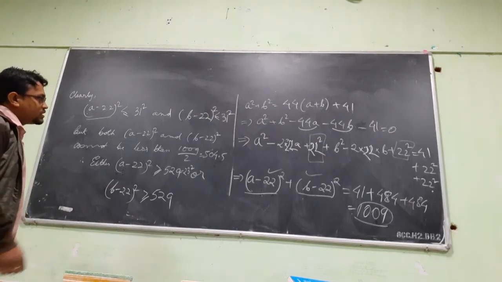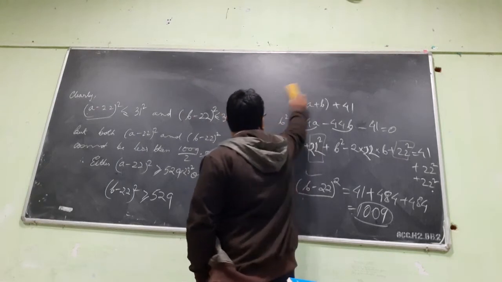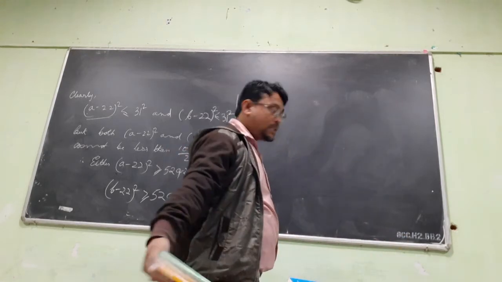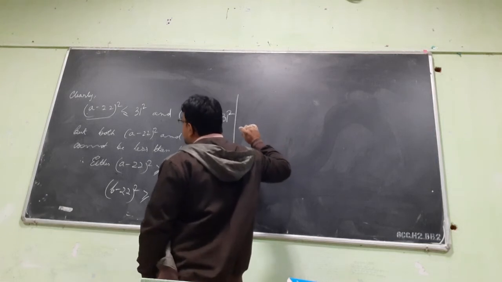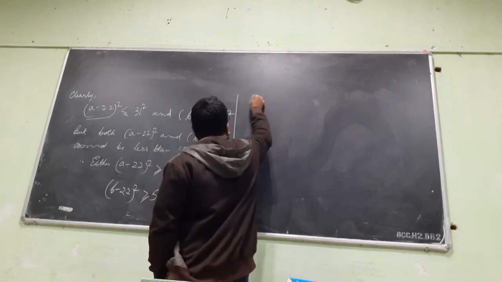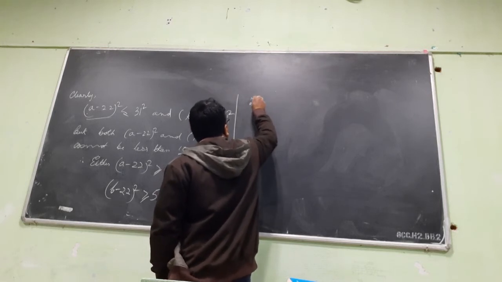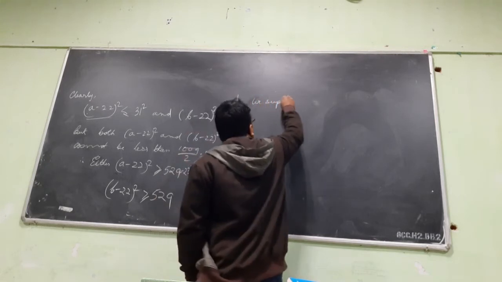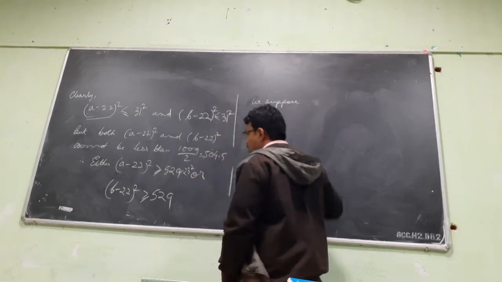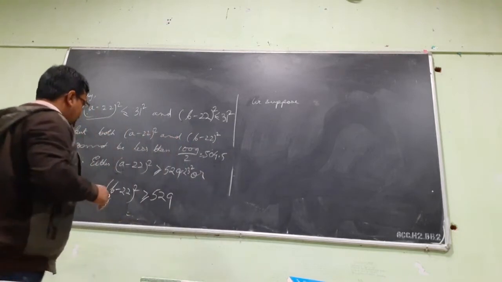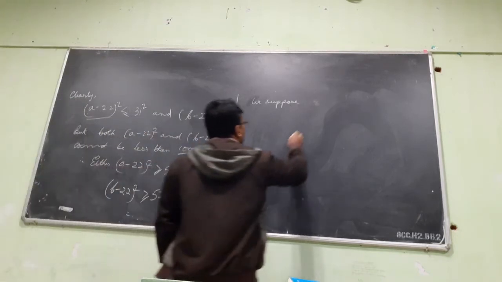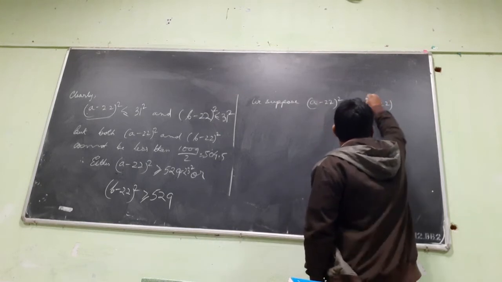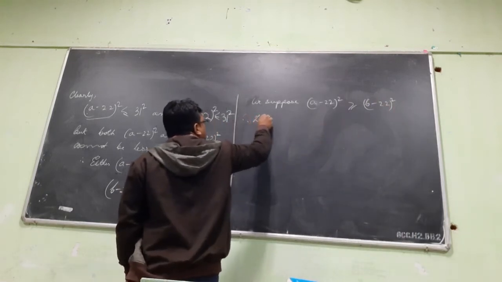So without loss of generality, we suppose (a minus 22) square is the greater one, greater than or equal to (b minus 22) square. So therefore the possible values.